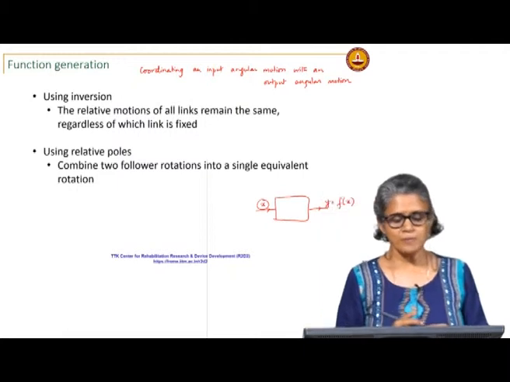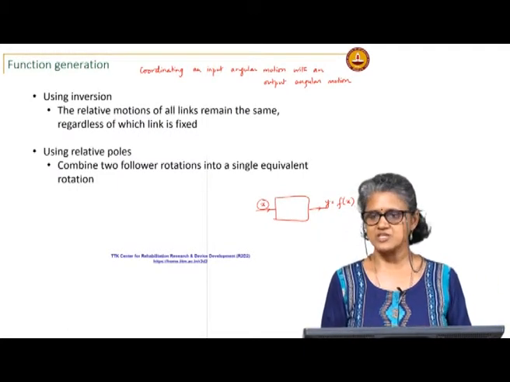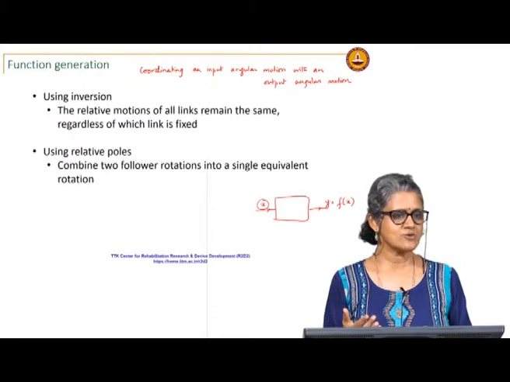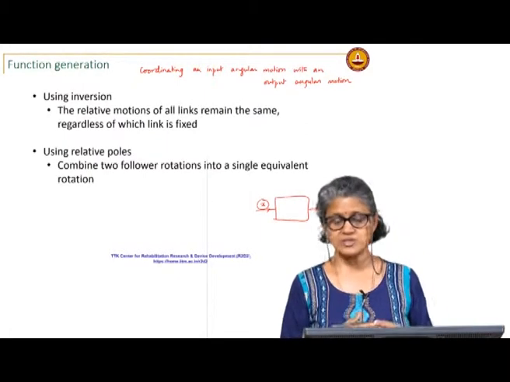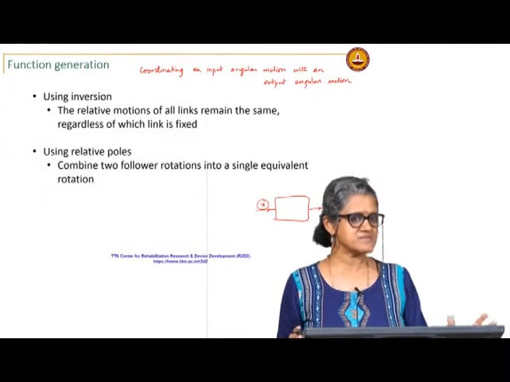So, the two methods that we will look at are, one, using inversion, basically again using the fact that the relative motion of all the links remains the same regardless of which link is fixed.